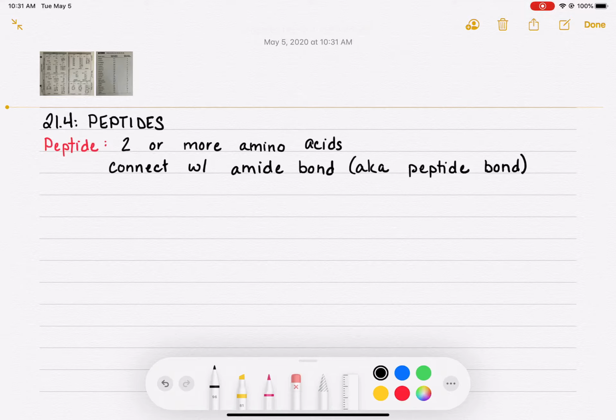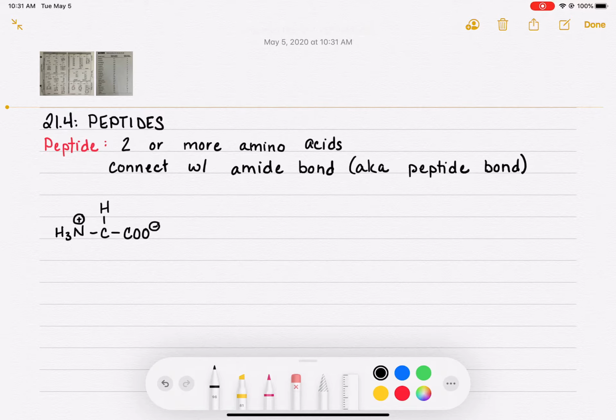And what we're going to do is let's just draw a really small and simple peptide. So for our amino acids, we're going to have our first amino acid. We're going to draw these when we're forming peptides. Our amino acids are always going to be drawn in the zwitterion form. So we're not thinking about pH at this point.